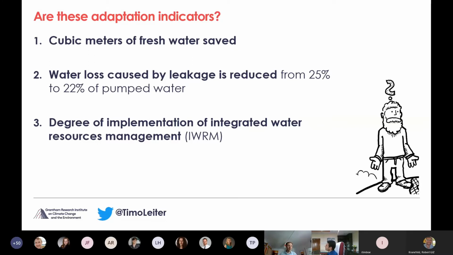The second one, in the community where you live or your water supply area, the water loss caused by leakage is being reduced from 25% to 22% of pumped water. And the third example, degree of implementation of an integrated water resources management plan. You now have 10 seconds to answer for yourselves whether you think these are adaptation indicators.